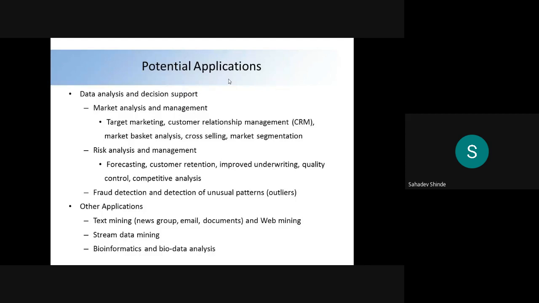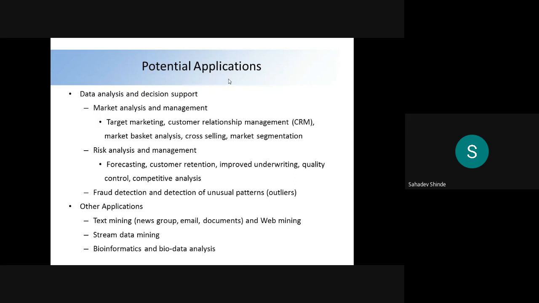So first of all is data analysis and decision support. Market analysis and management: target marketing, customer relationship management, that is CRM, market basket analysis, cross selling, and market segmentation.